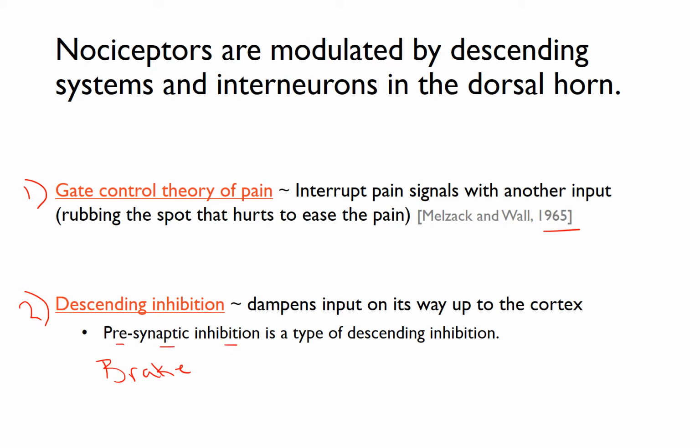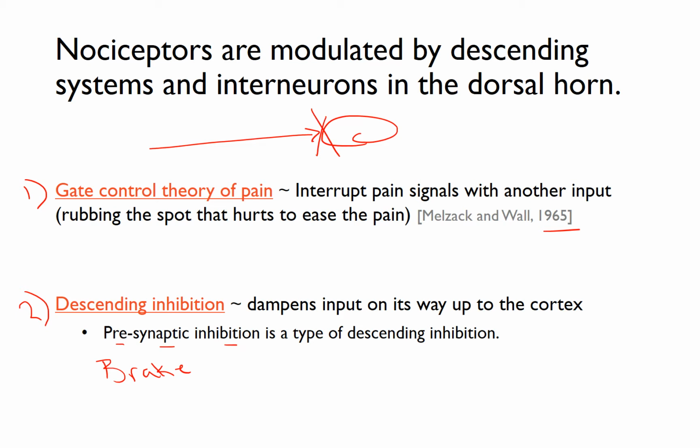So to compare and contrast these, gate control theory of pain is essentially more about you have a pain signal coming in from the periphery to the brain stem, the spinal cord, or the CNS, and there is an interruption. So there's an interruption in the signal coming up.